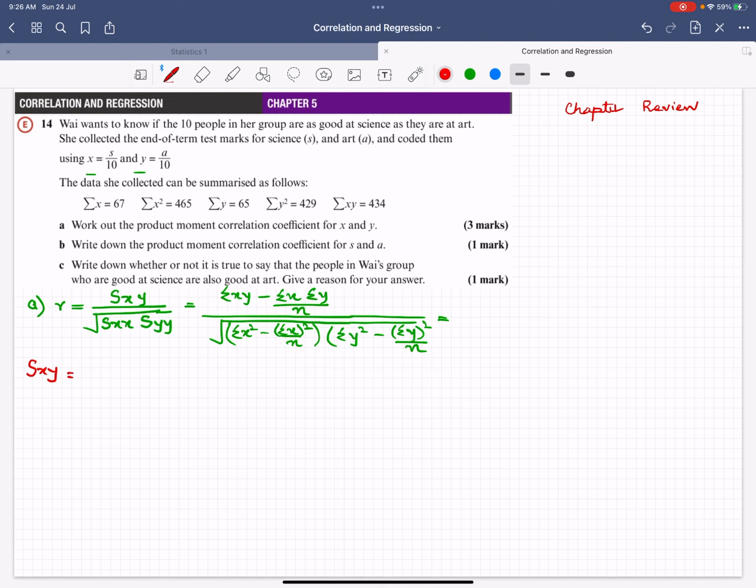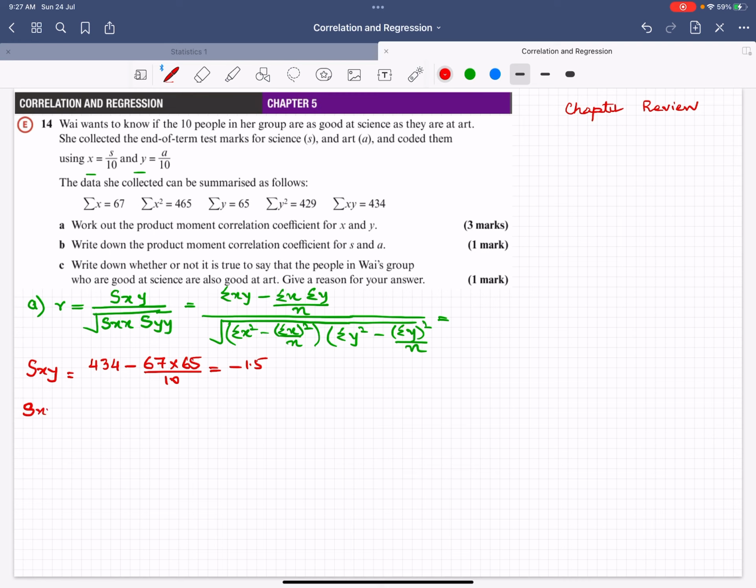Sxy is equal to 434 minus 67 multiplied by 65 divided by 10, and that gives us negative 1.5.